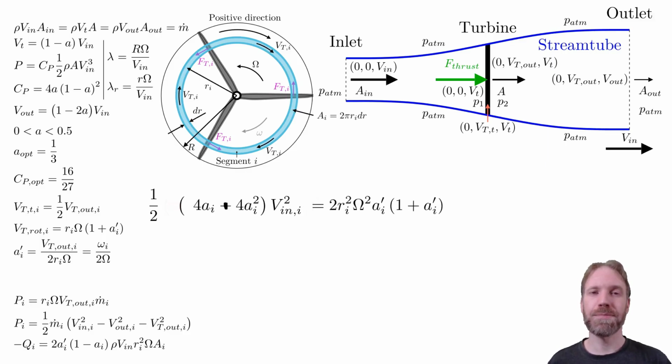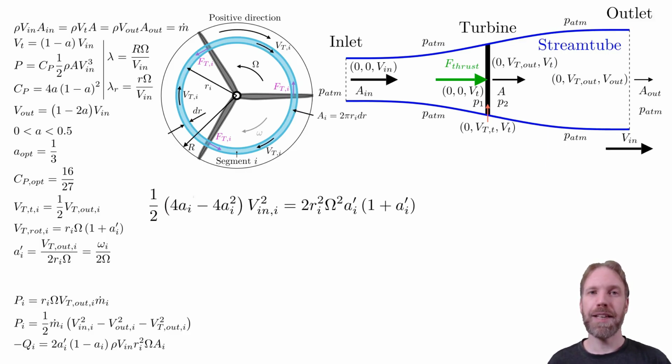Remove minus. Place 4a outside parentheses. The two cancels. Divide by V in.